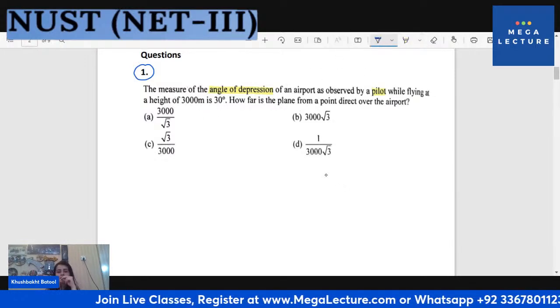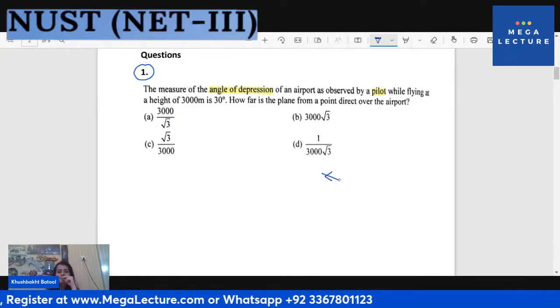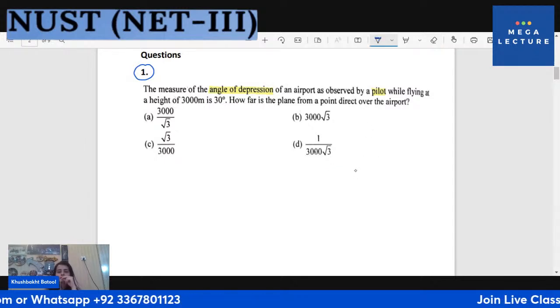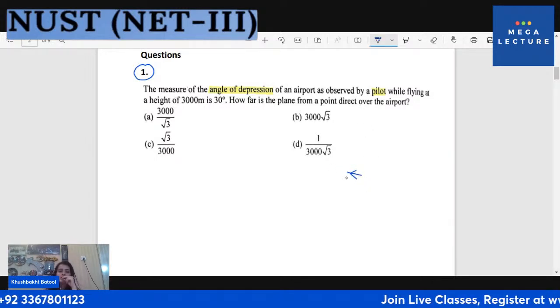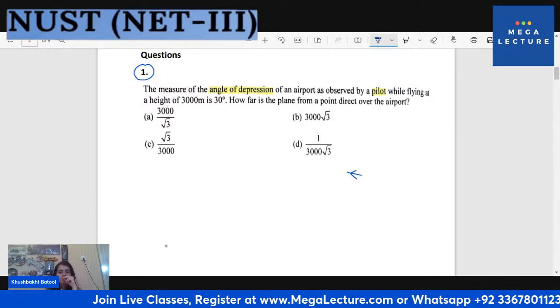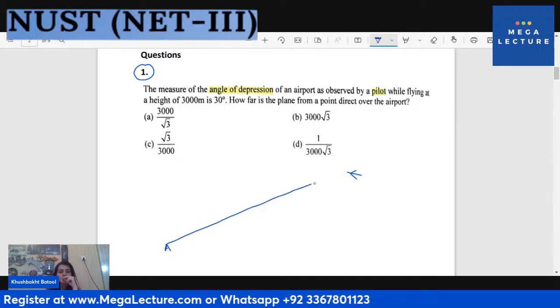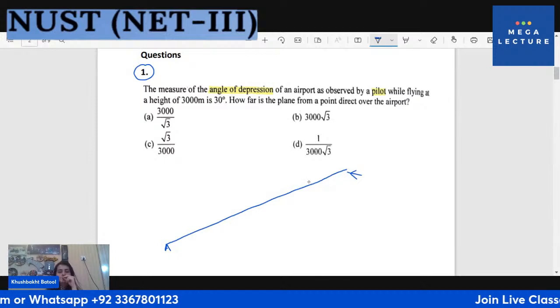Imagine that this is your plane, and this is the airport. So this would be the line. Now it says angle of depression.